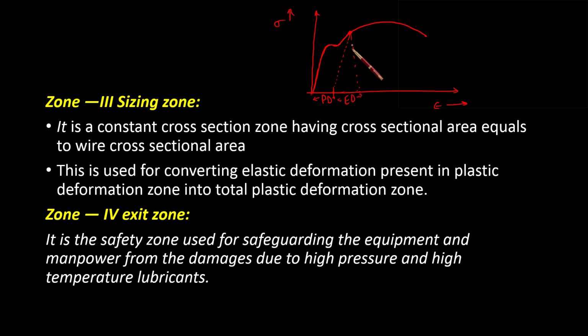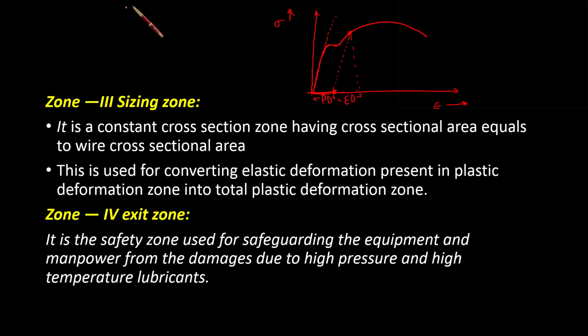Generally when they are coming back, they don't follow the same path, rather they follow another path parallel to this line, right? So they will cut here, and this is known as plastic deformation. That means this will be the permanent deformation.